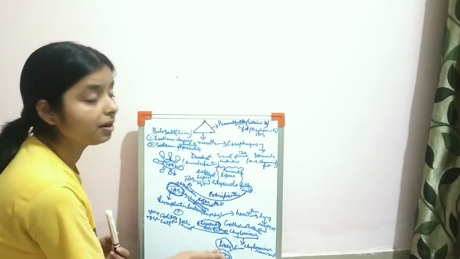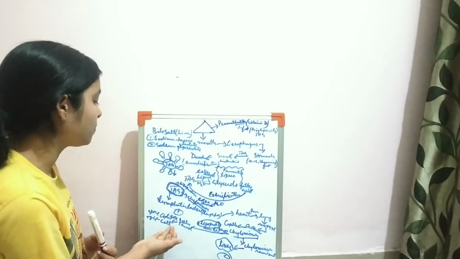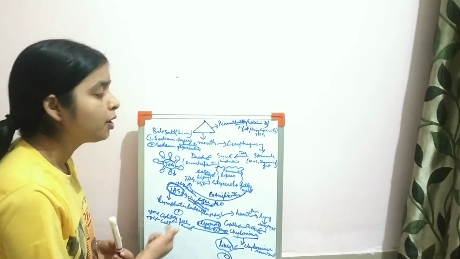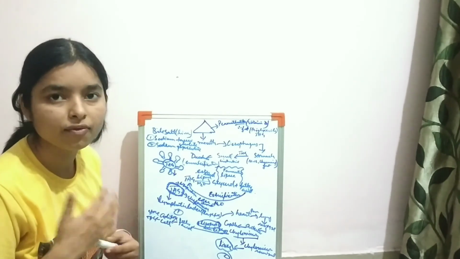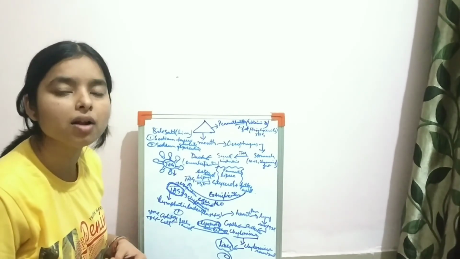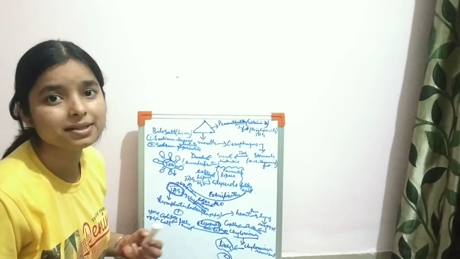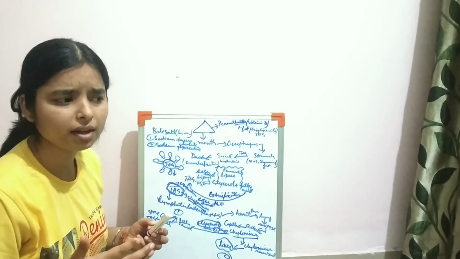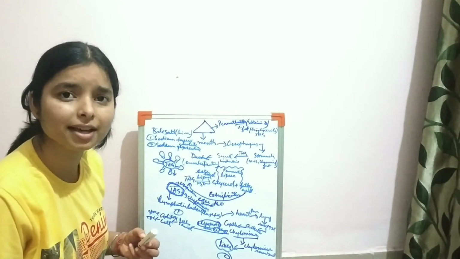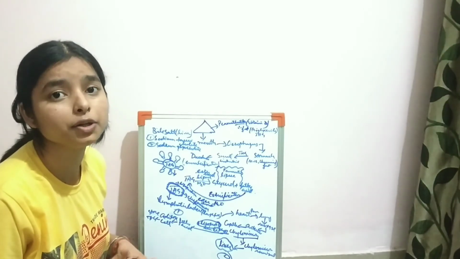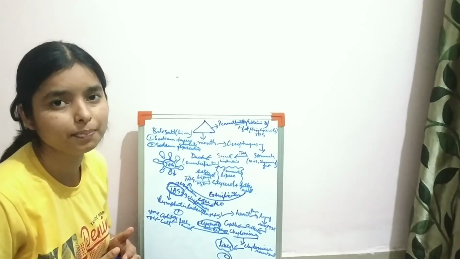So the fat soluble vitamins also reach the liver as well as the adipose tissues. This is all about how the fat soluble vitamins get dissolved in fats, are delivered through the blood, and get stored in the liver as well as the adipose tissues.